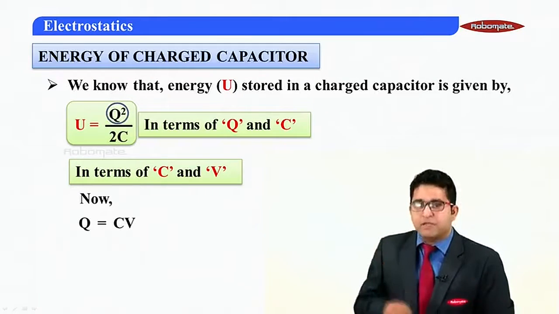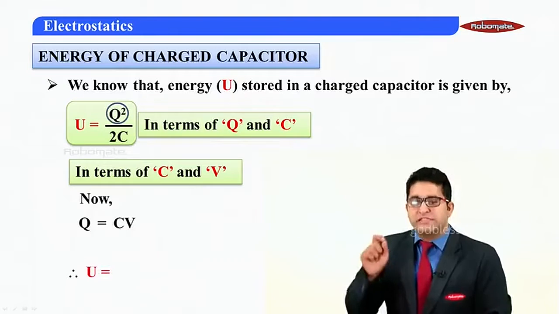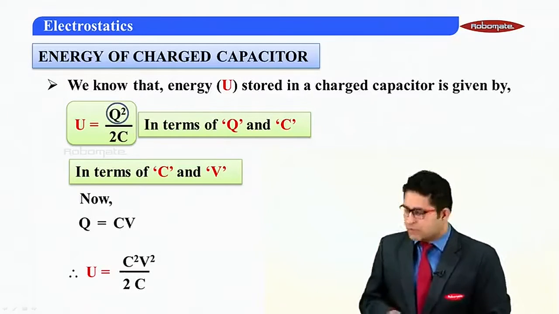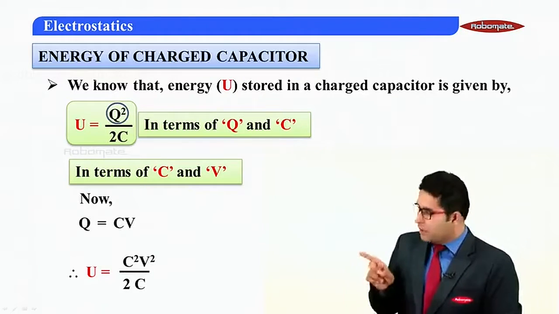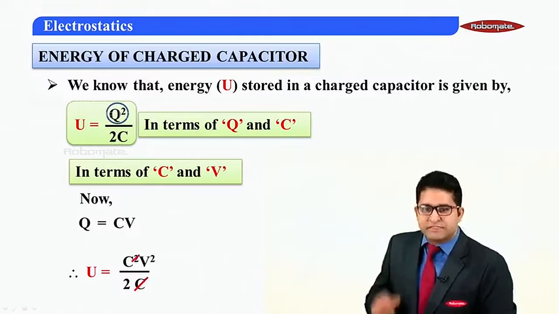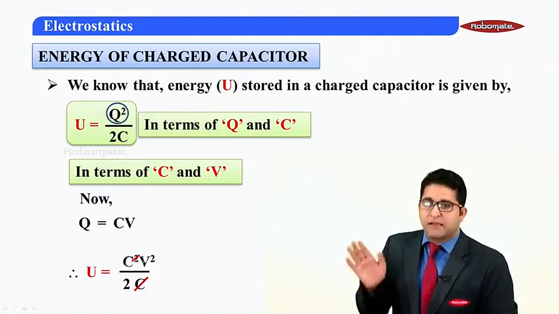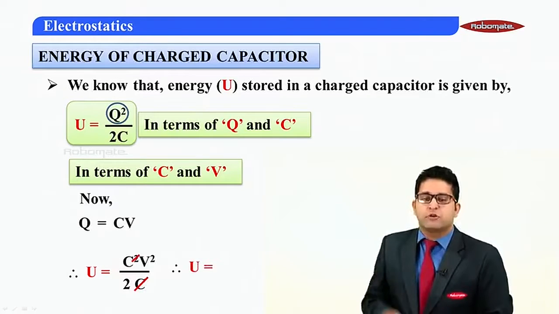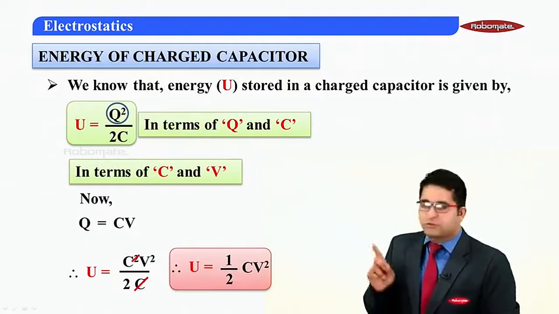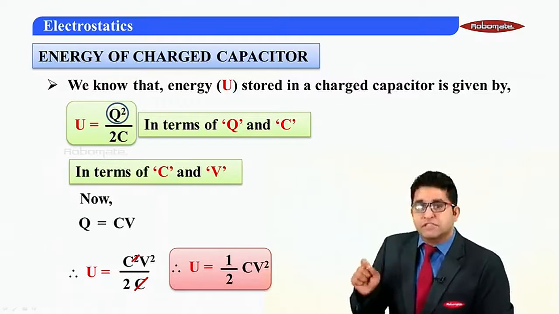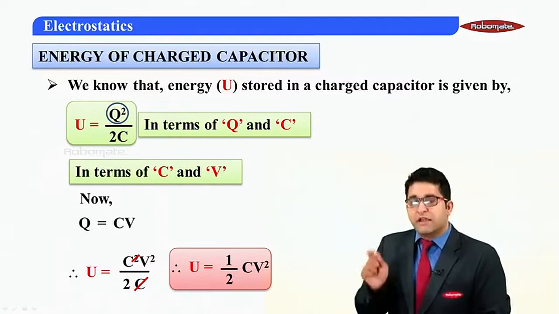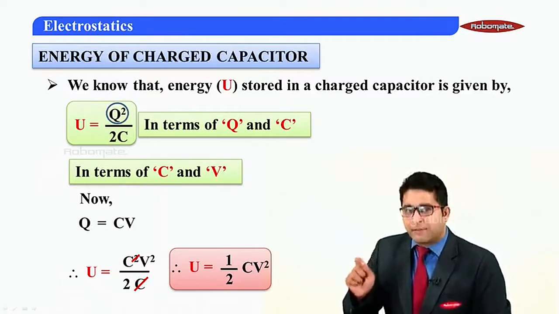I'll get capital U is equal to C square V square upon 2C. From this I can cancel out C and C square. After cancelling, I'll be left with capital U is equal to half CV square.